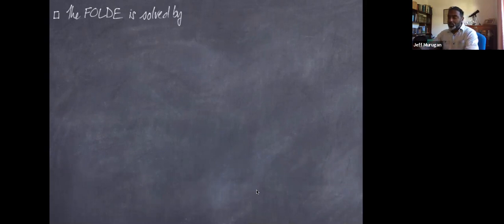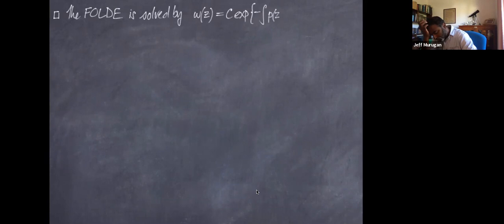so the first order linear differential equation is solved by w of z equal to some constant times e to the minus the integral of p of z dz.